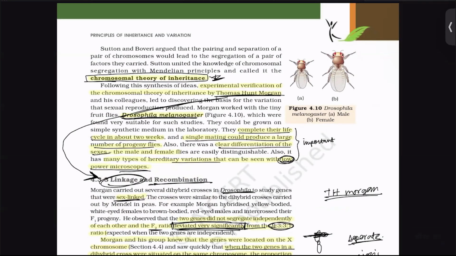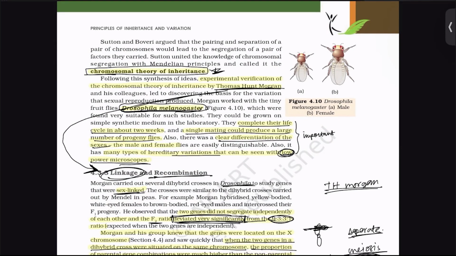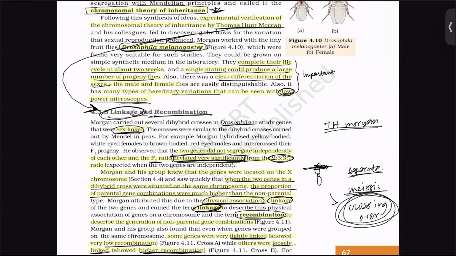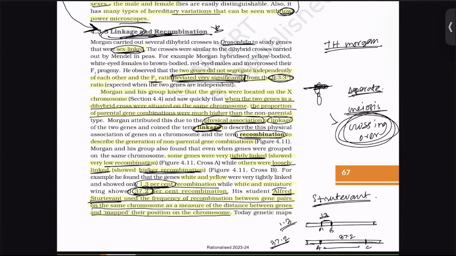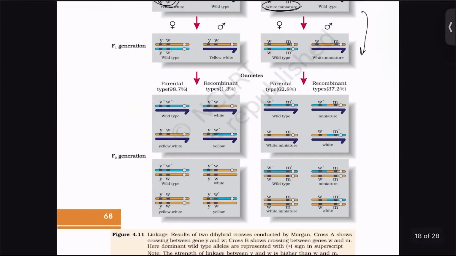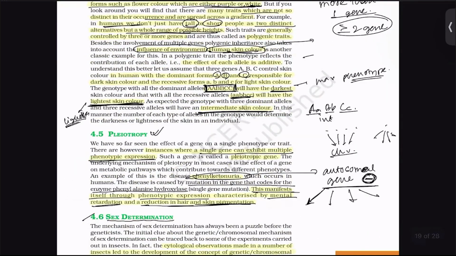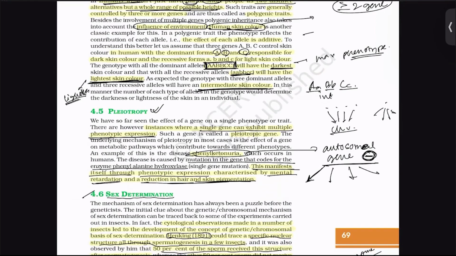And after that, based on the experiments of T.H. Morgan on Drosophila melanogaster, the concept of sex linkage, linkage and recombination. So we learned about how linkage happens, what recombination is, and things like this. And after that, polygenic inheritance, which was basically human skin color or human height, how multiple genes affect a single character, and in pleiotropy, one gene was having multiple characters.